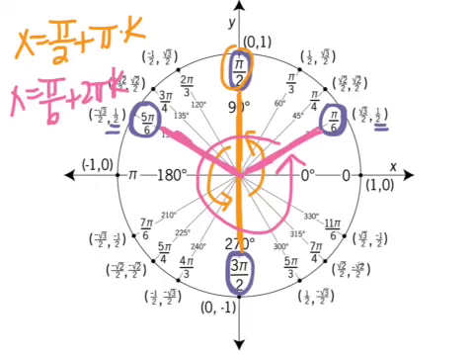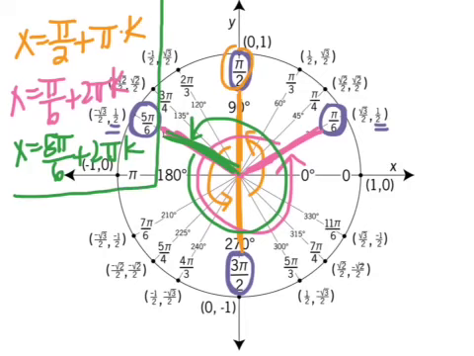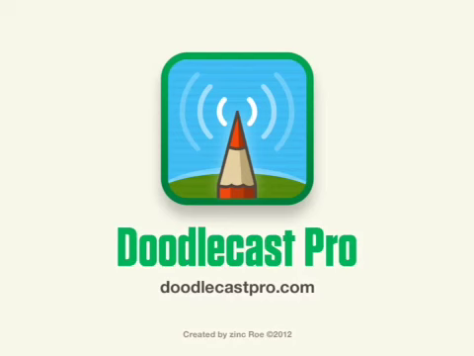And then same thing if you look at 5 pi over 6. From here, in order to get to another equivalent angle, we have to go all the way around 2 pi. So those 3 angle measures here are our final answer.